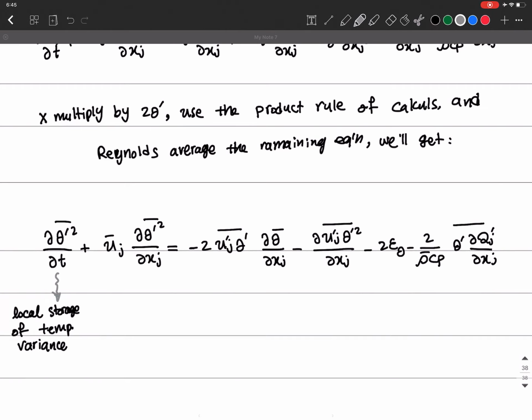The second term is the advection of temperature variance by the mean wind, right?